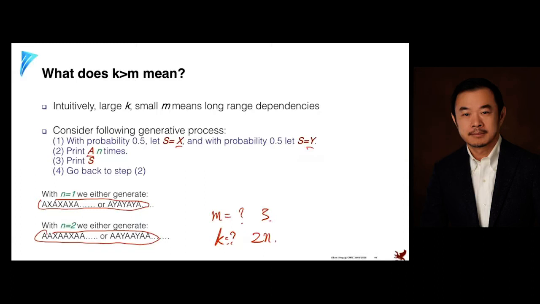That's the answer. Because you need to not only remember what to produce for the symbols X and Y, but also to remember how many times A is produced. In a sense, you are going to remember a whole sequence of n. For example, if you decided on n equals 10, then you have to keep track of the number of A's.